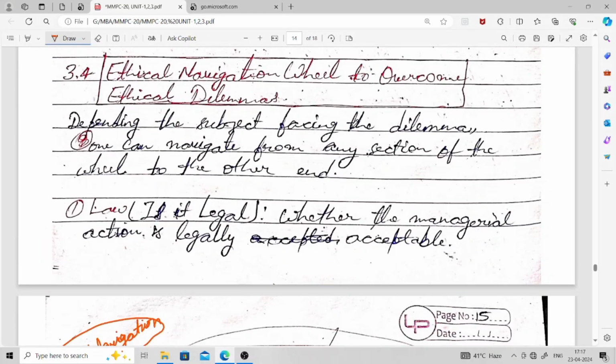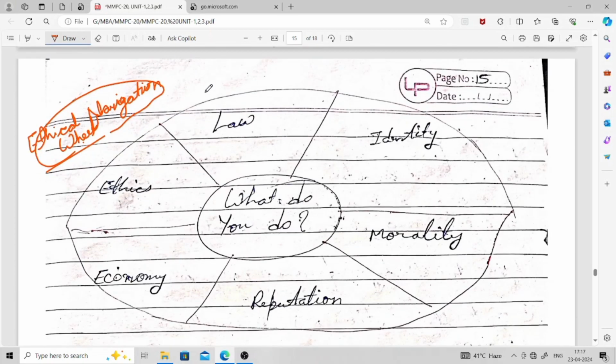Depending on the subject facing the dilemma, one can navigate from any section of the wheel to the other end. According to the situation, or whatever kind of dilemma it is, you can start from any one of these six. You can start from the law, or you can start from the identity. It varies from situation to situation where you have to start.